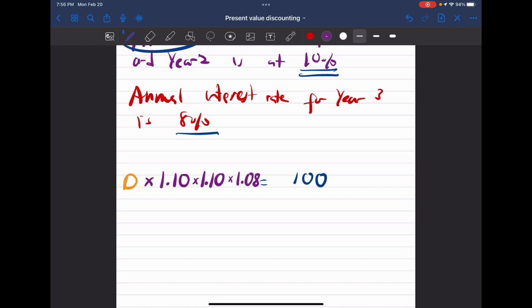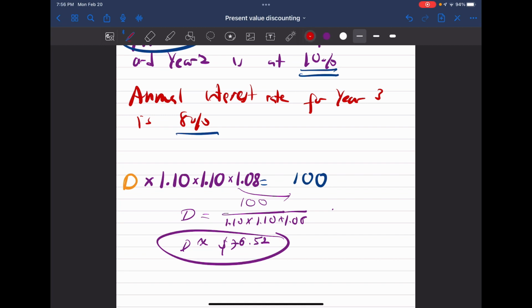So by math, to get D, simply move the 100 to the right-hand side, which is divide by 1.1 times 1.1 multiplied by 1.08, and that will give us approximately $76.52.